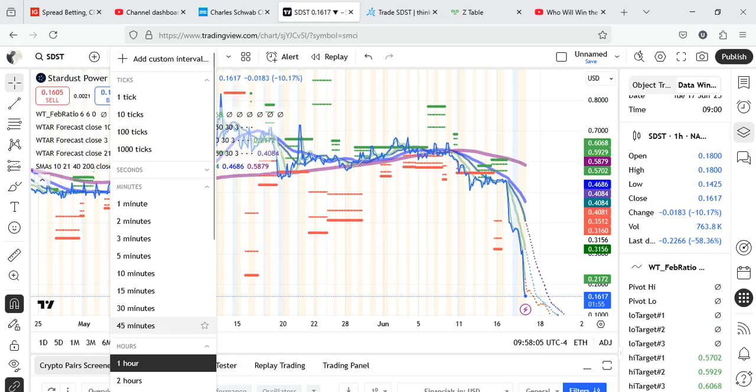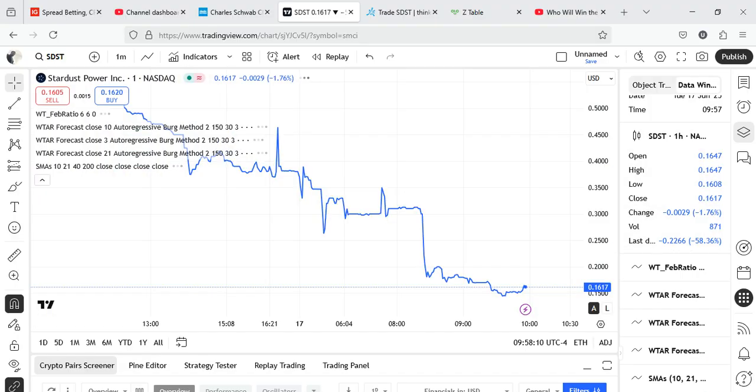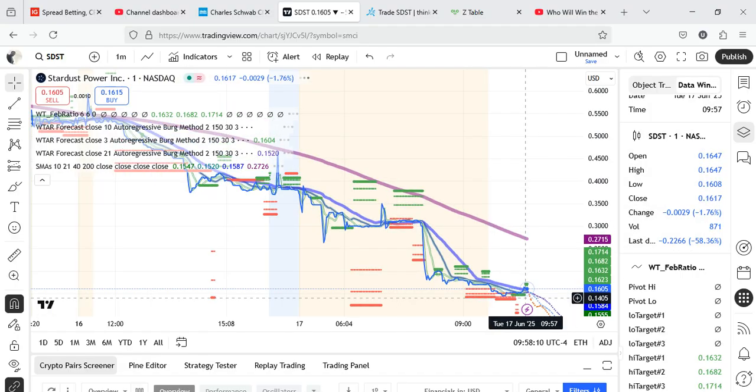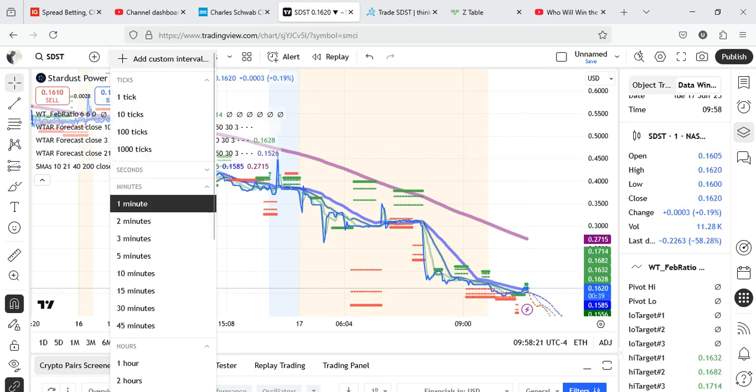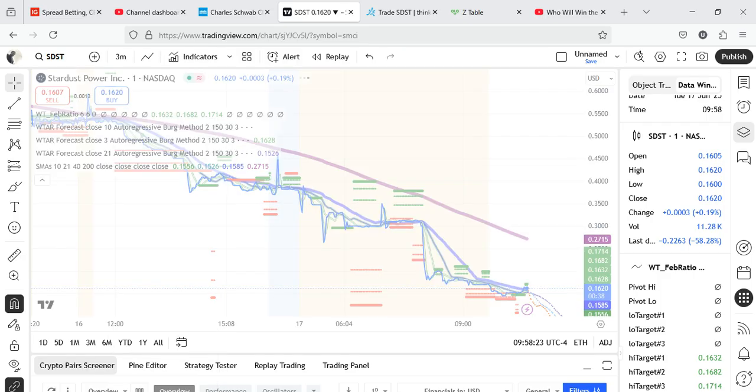Okay, let's glance through the single digit minute charts. Okay, just projections slightly above where it is, 0.1714. Let's look at the 3 minute chart.